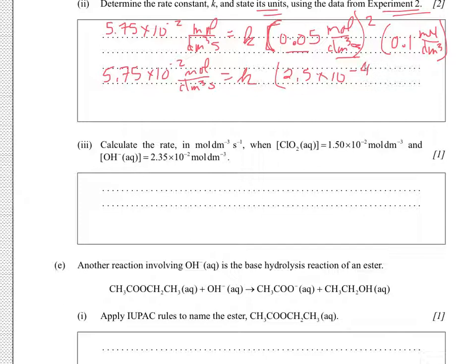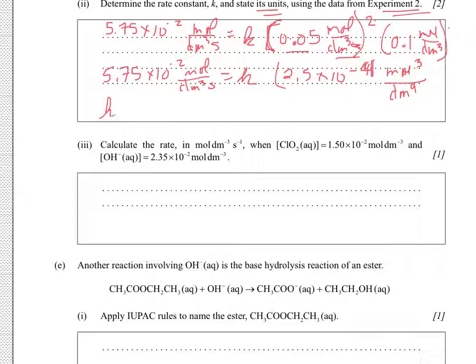In the numerator for this, I have moles squared times moles, so I have moles to the third over decimeters cubed squared, which is decimeters to the sixth, times decimeters to the third, which will give me decimeters to the ninth.